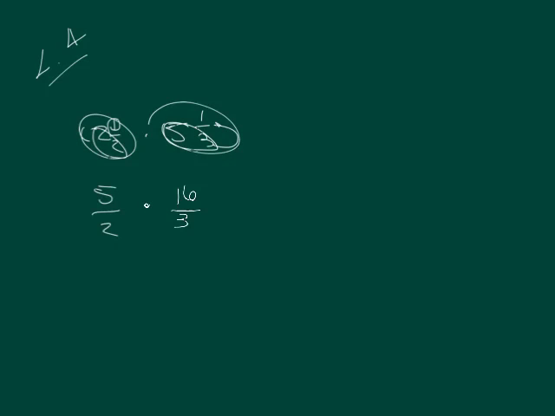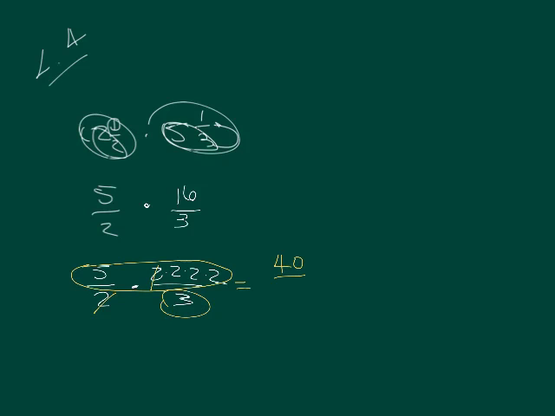And I'm going to go ahead and write this as the product of primes. 5 and 2 are already prime, 3 is a prime, but 16 can be broken down to 2 times 2 times 2 times 2, which allows me to cancel that 2 with that 2. So that means when I multiply my numerators, that is going to be 40, and I have my denominator, which is just a 3, I know that that cannot be reduced.